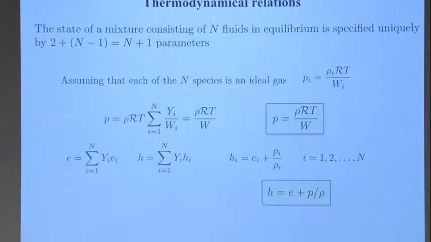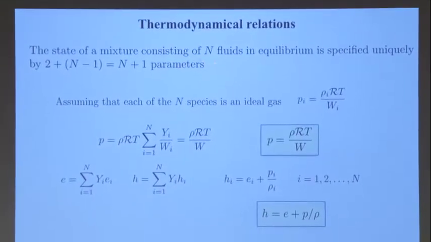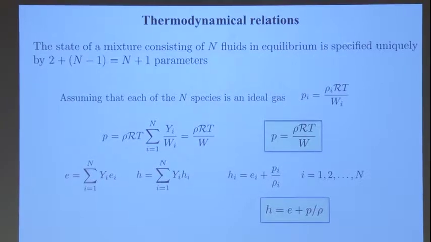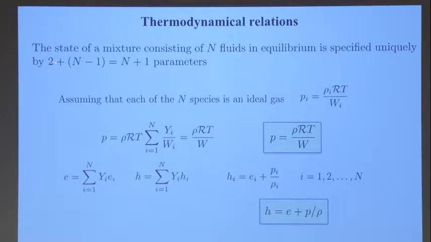So the assumption is that the N fluids are in equilibrium, and they are uniquely determined by the N minus 1 concentrations, if you like, plus 2, right? So, for example, if all the species are ideal gases, then I can write for all the species that Pi is rho I RT divided by Wi.